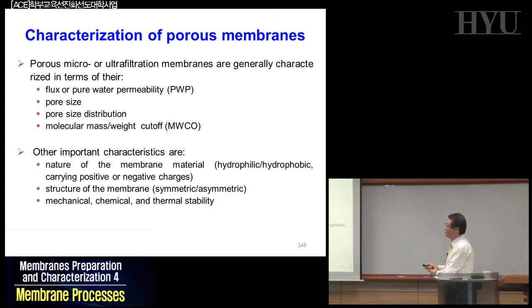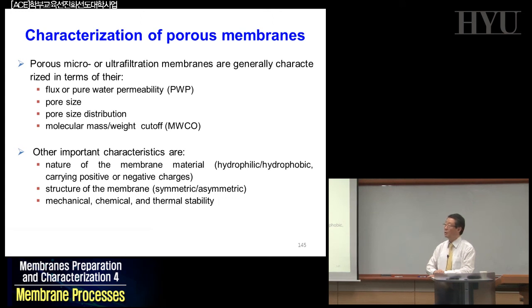Pore size, of course, is very important. What about the distribution? What about the molecular weight cutoff? Molecular weight cutoff is very important, so I will describe what MWCO is. MWCO is defined as 90% rejection of your molecules.